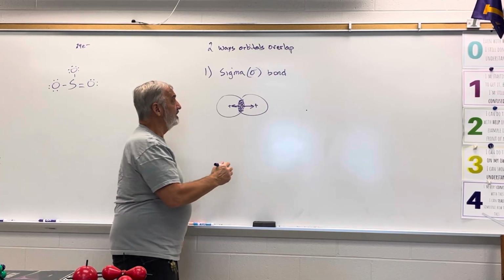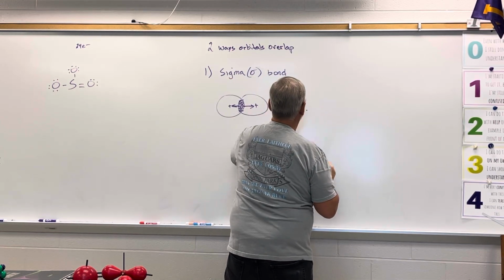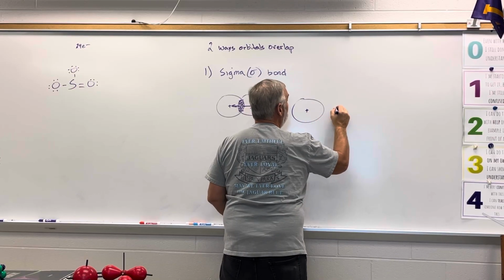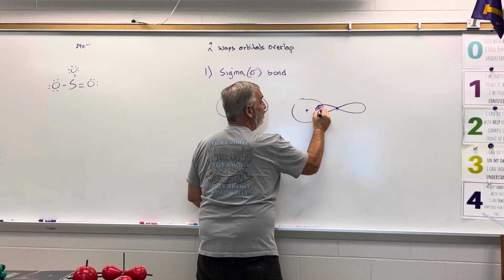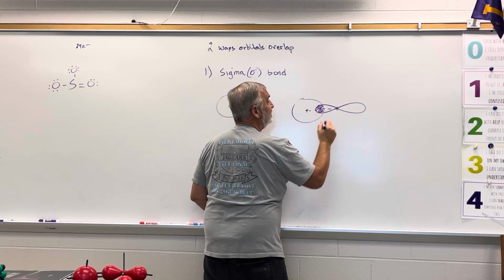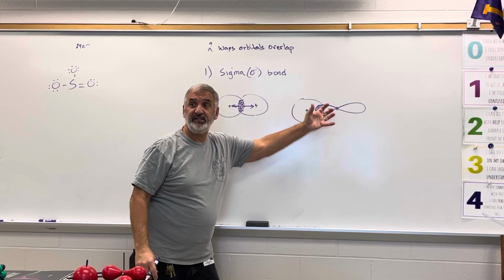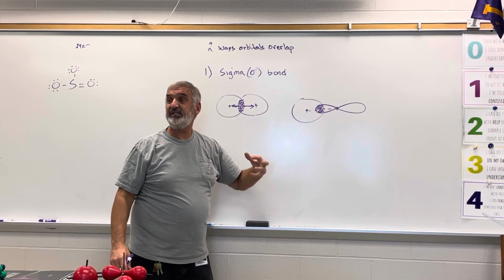An s orbital and a p orbital can form a sigma bond. Here's the overlap, and the overlap lies on a line drawn between the two nuclei. This is where the greatest electron density is going to be, between the two nuclei right there. It's a sigma type bond.